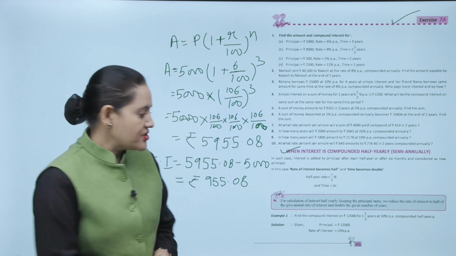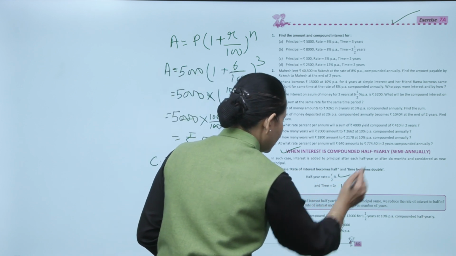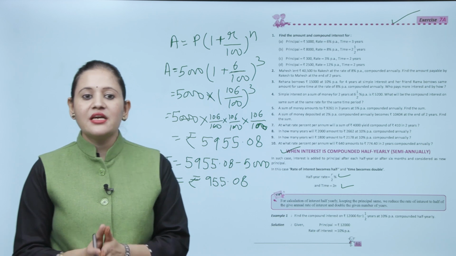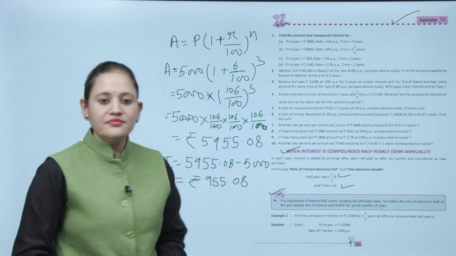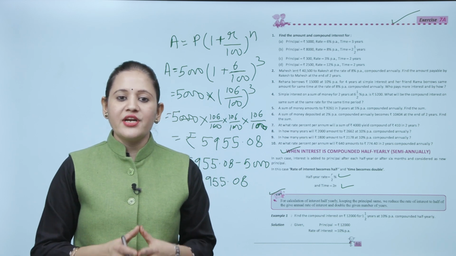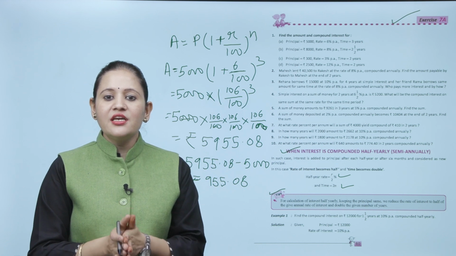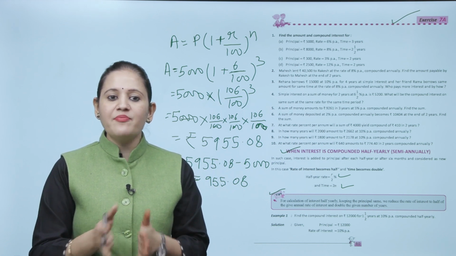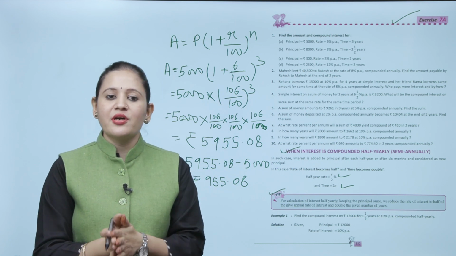So in half yearly, what will happen? The rate of interest will become half and time will be double. Clear? Next, tips. For calculation of interest half yearly, keeping the principal the same, we reduce the rate of interest to half of the given annual rate of interest and double the given number of years.